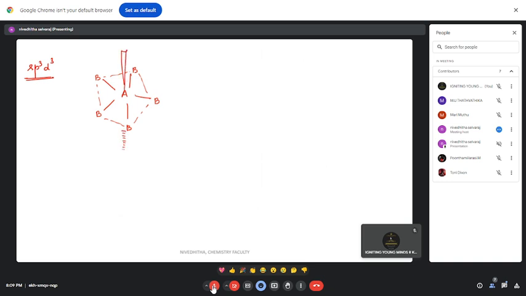So totally 7 chemical bonds. And the geometry of this molecule is pentagonal bipyramidal. What is the bond angle here? It is 72 degrees. So the bond angle between B-A-B is 72 degrees. That's it.